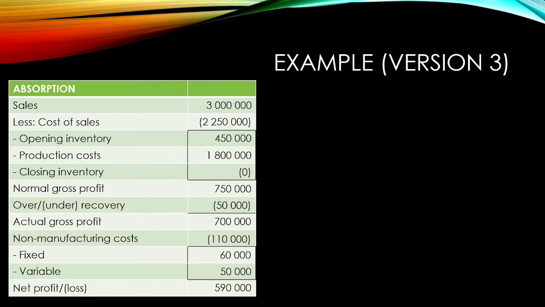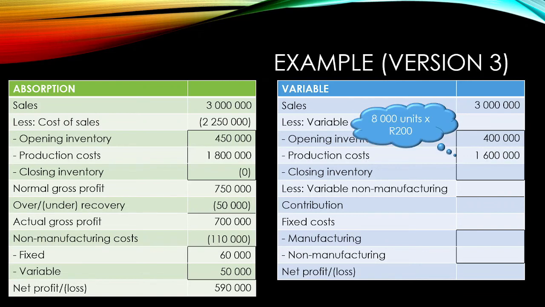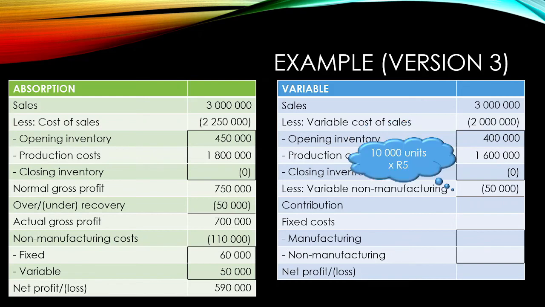For variable costing, it is the same process. Our sales and opening stock remain unchanged. Our production is now based on the 8,000 units, with our closing stock being nil. We can then calculate our variable cost of sales and subtract our variable non-manufacturing costs to arrive at our contribution.